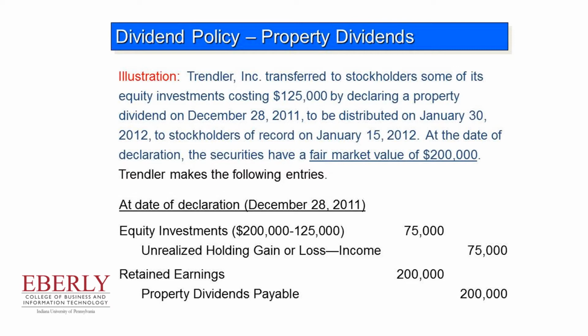So we really need two journal entries here, and let's take a look at those two. So the very first thing we do is we are going to mark up the property up to its $200,000 value. So to move it up from $125,000 to $200,000, I need to debit that security for $75,000, which I'm doing.